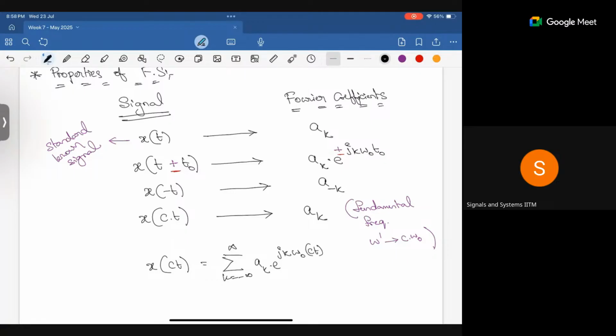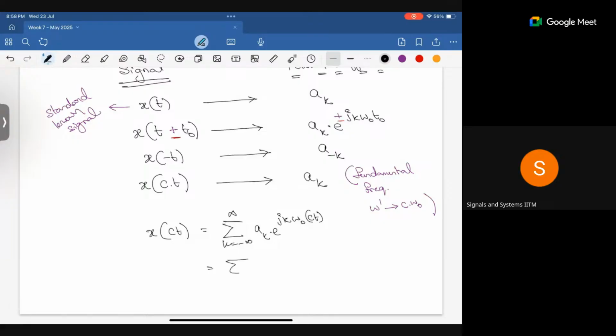So what you get is ak e power j k c omega naught t. Now the fundamental frequency will be c omega naught. The t is t, the j is j, and ak will be the kth harmonic sinusoid's coefficient. So the Fourier series coefficients won't change, but you should be careful that the fundamental frequency will change.